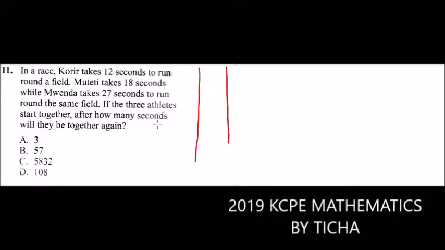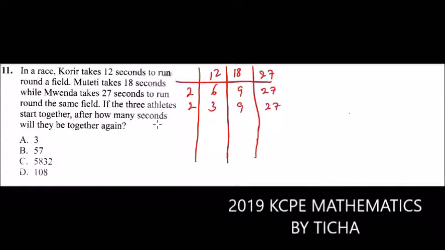So you draw 3 columns. So you have, this is 12, this is 18, this is 27 for the 3 athletes. So we have 2. So here you have 6, you have 9, you have 27, you have 2, you have 3, you have 9, you have 27, you have 3, you have 1, you have 3, you have 9, then you have 3, you have 1, we have 1, we have 3, and finally you have 3, 1, 1, 1.